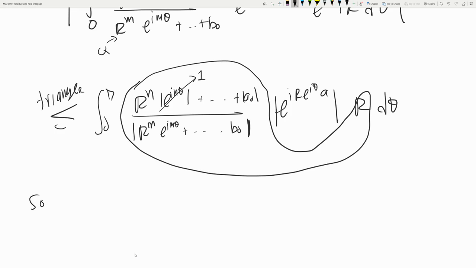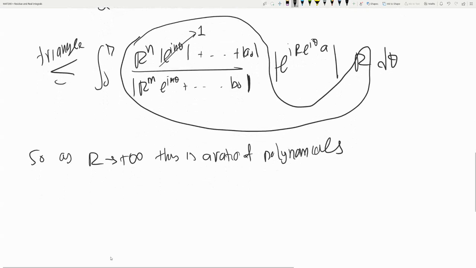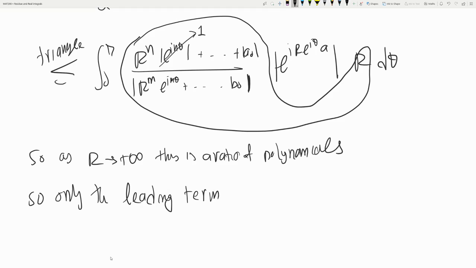As R goes to plus infinity, this is a ratio of polynomials, and remember, only the leading term, the highest degree, matters. This is the same as in real numbers.